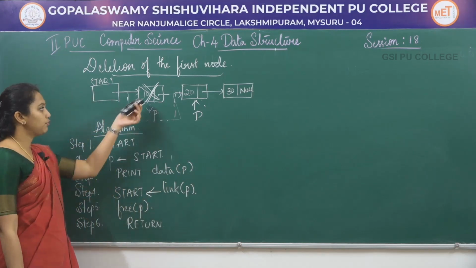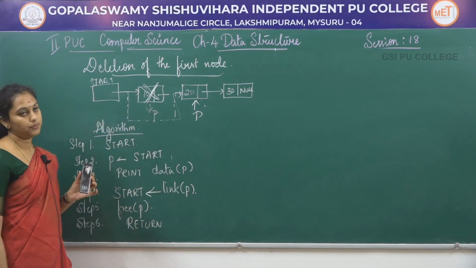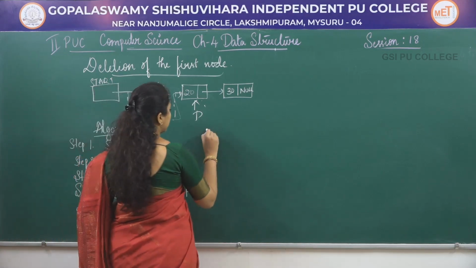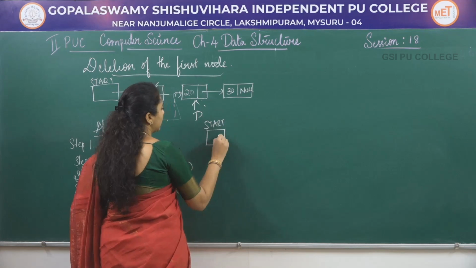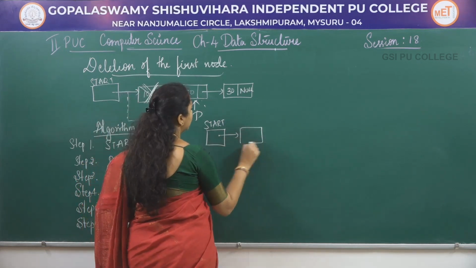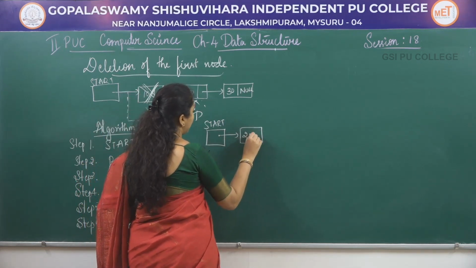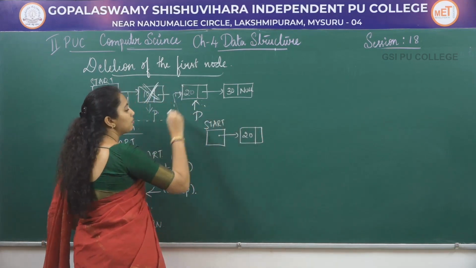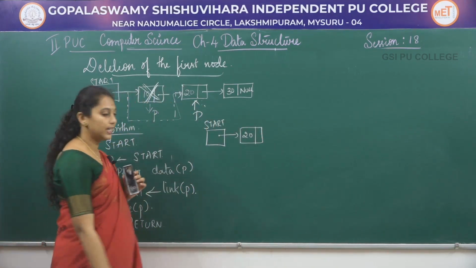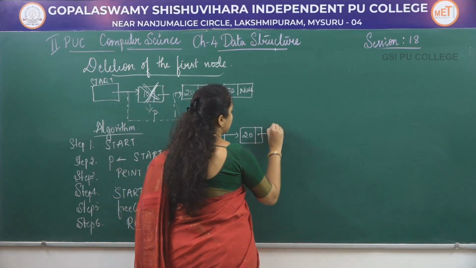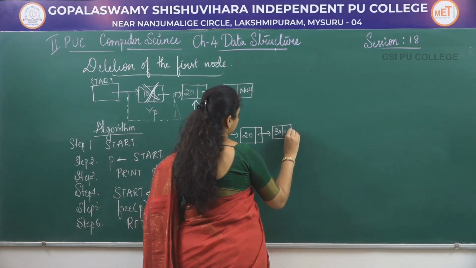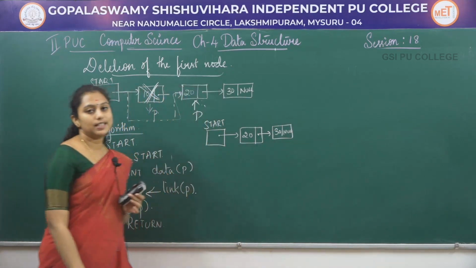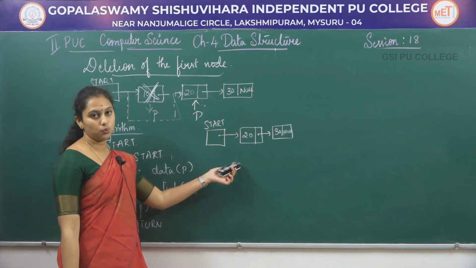Then we free this first node. Now start contains the address of the first node. This second node becomes the first node in the linked list, and it contains the address of the next node. So now the linked list contains only two nodes.